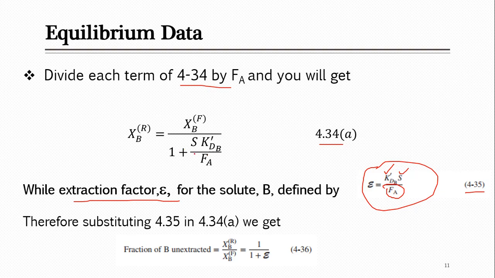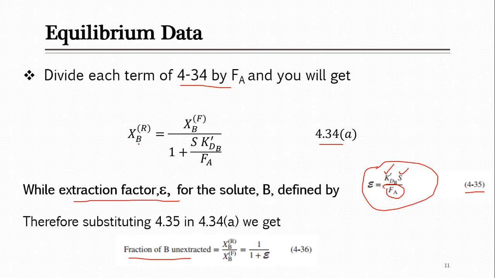I want to rearrange it further to get something called the fraction of B unextracted. This XBR over XBF will give me this fraction, the fraction of B unextracted, that is the mass ratio of B in the raffinate over the mass ratio of B in the feed.